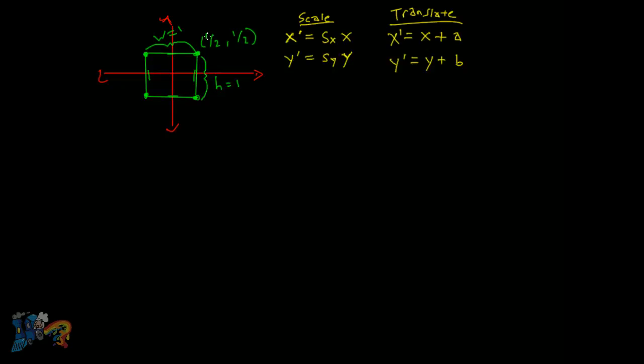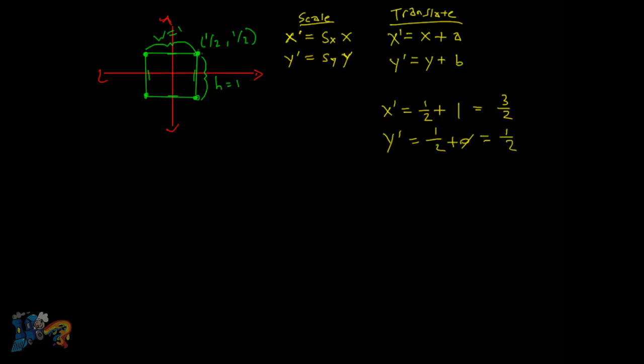So this would take this point, at 1/2 and 1/2, right? X prime is equal to 1/2 plus a, which is 1, which is just 3/2. Okay, so 3/2. And y prime is equal to 1/2 plus 0, which is just 1/2.